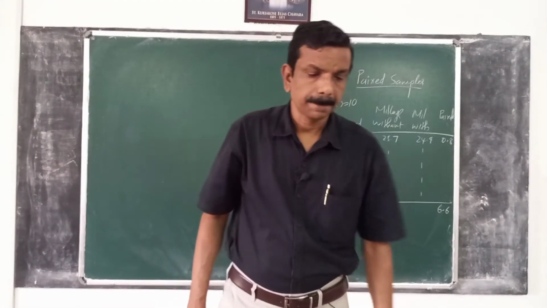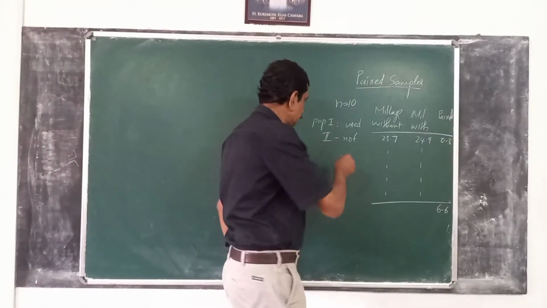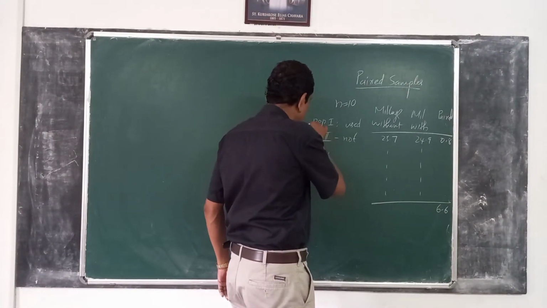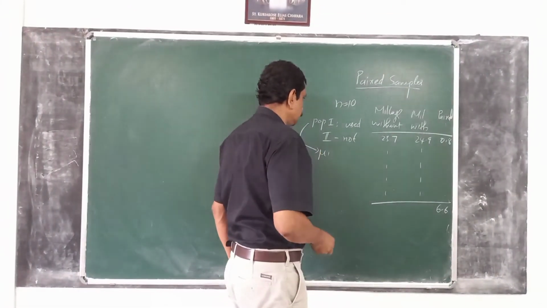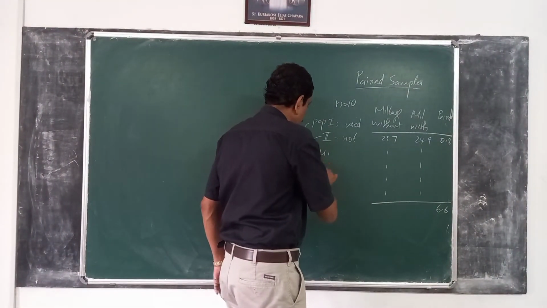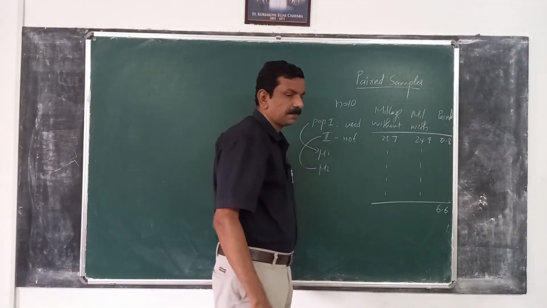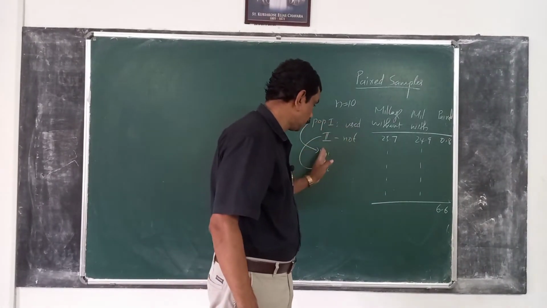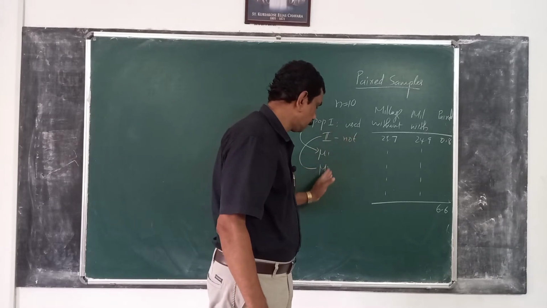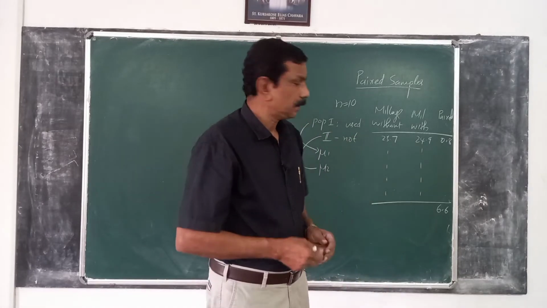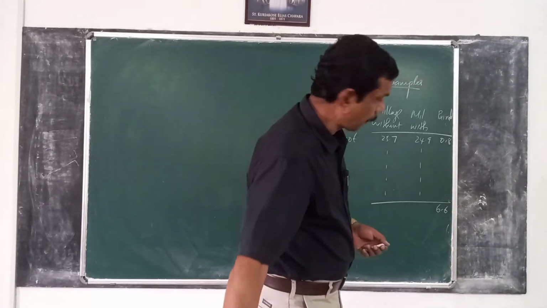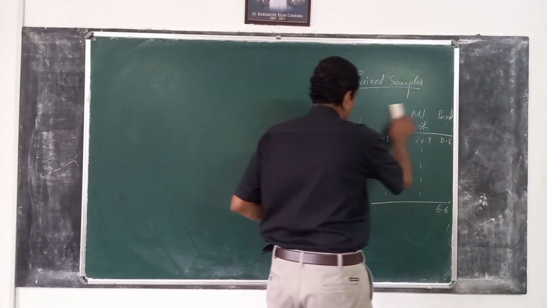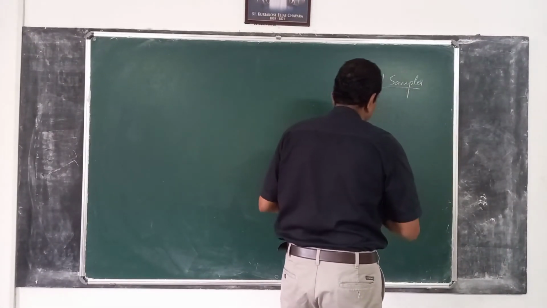Now mu1 is the mean of population 1, with additive, and mu2 is the mean of population 2, without additive. So our H0 is mu1 is equal to mu2.